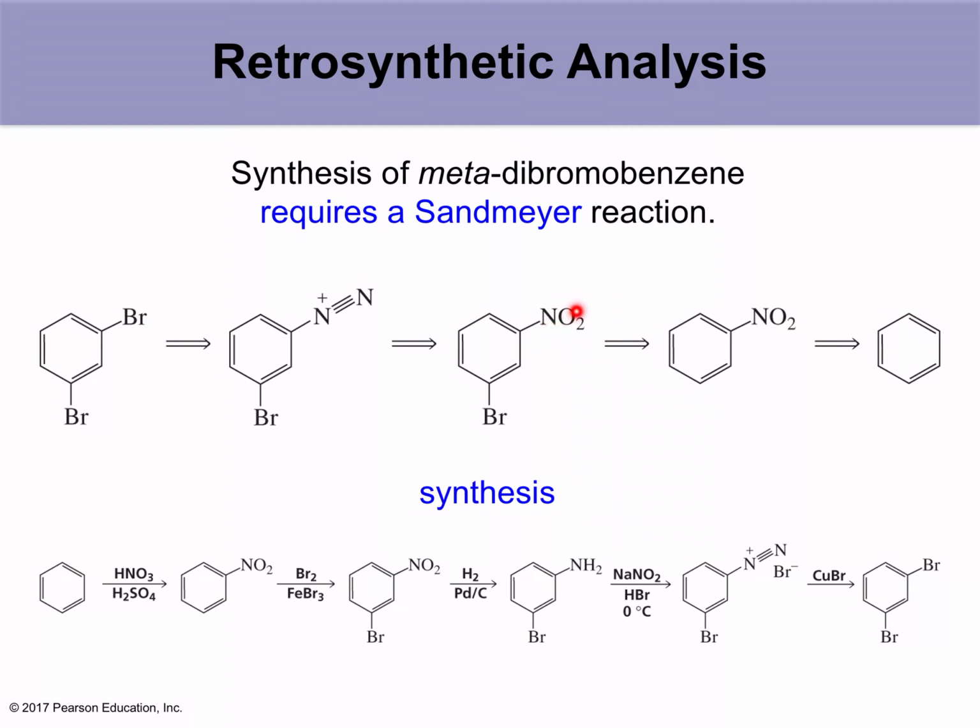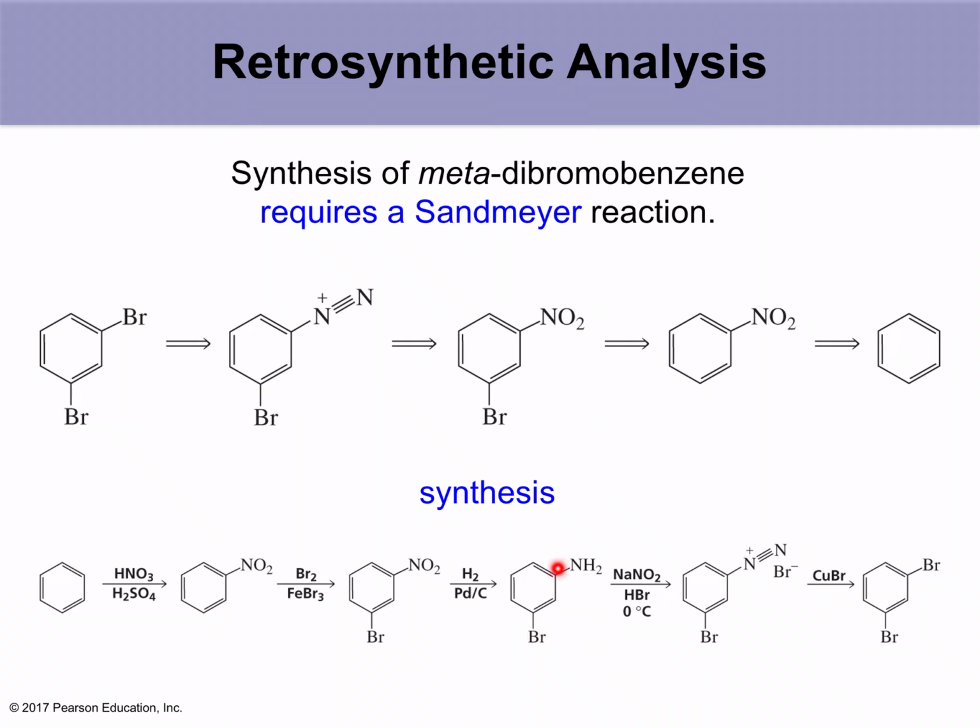Now this needs to be NH2 here. There is a typo. Something is wrong here. Benzene, the nitration, bromine, and I don't know why they do not put this group in the middle.